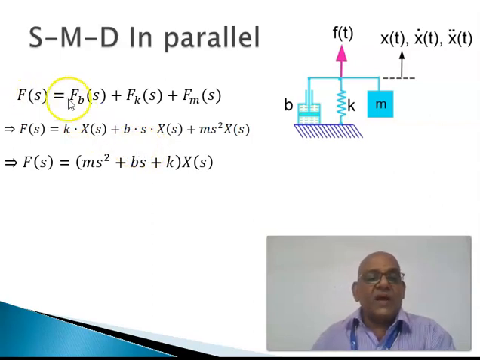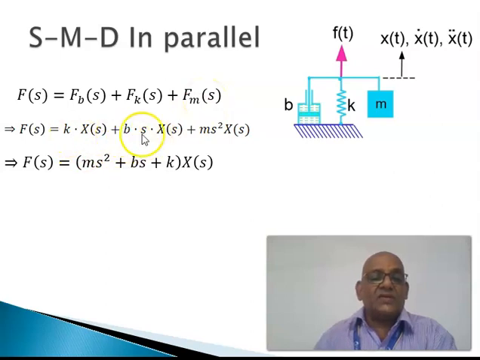F(s) is F damper plus F spring plus F mass. So k times X(s) plus bs, we have seen that each damper contributes a factor of s. Each mass contributes s square. For the damper it is bs, for the mass it is ms square.